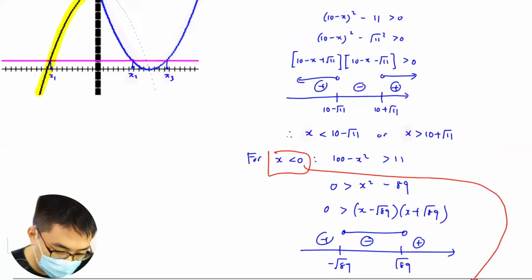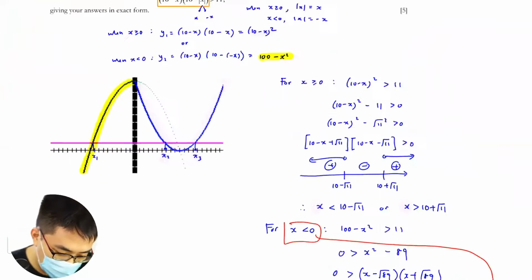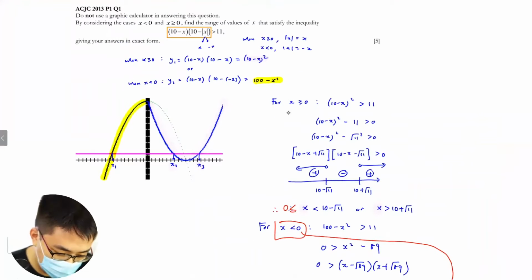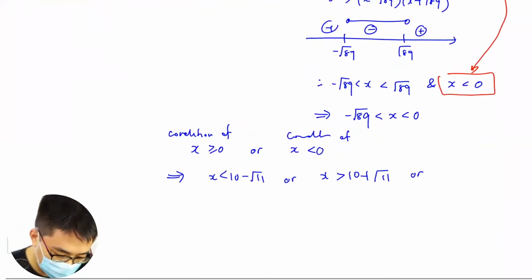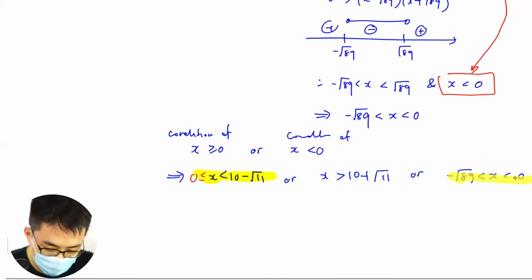Oh, so sorry, this one, my bad. There's a slight glitch there. I should put the stop as 0 here. So you can actually take these two and merge them together.